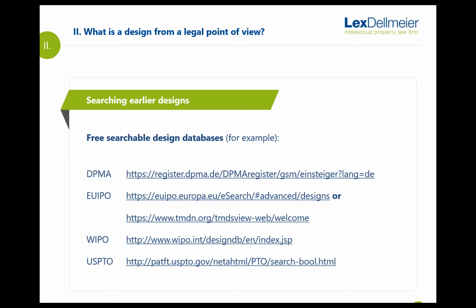Legal assessment maybe around 1,000 or 1,500 euros. Designs, it is different. The database costs are much higher, so you have to budget around 500 to 1,000, maybe even 1,500 euros for professional database costs, plus the legal review, which is higher and in more detail, maybe between 2,000 and 4,000 euros. So design searching is much larger.